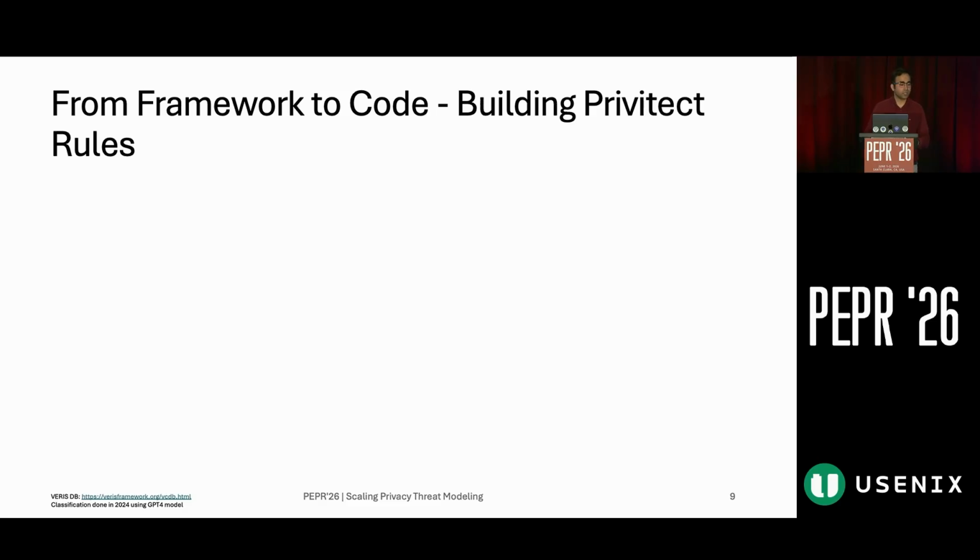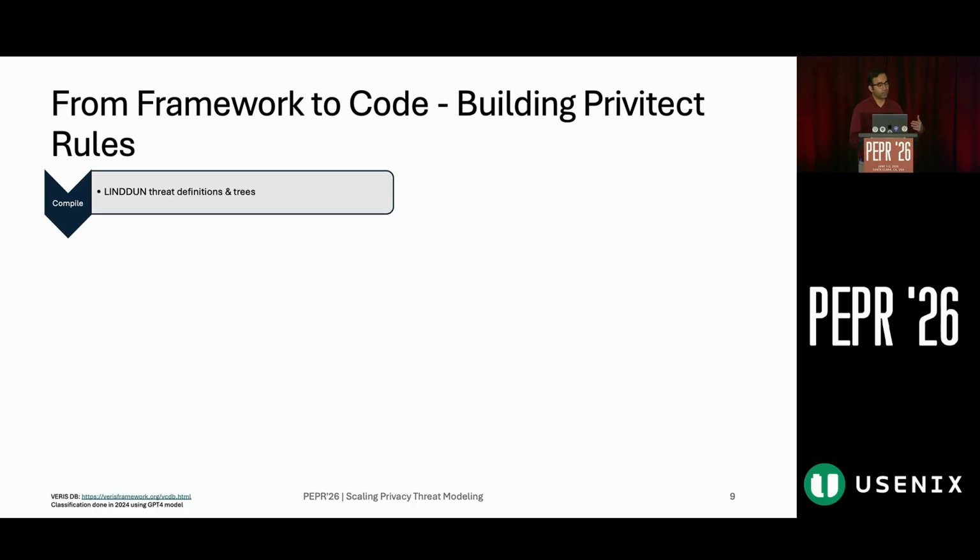Now, let us see how we go from framework to code and how Privitect was built. Initially, we compile all the LINDDUN threat definitions and trees. These contain all the details about each threat, with examples, and they are broken down into multiple sub-threats.